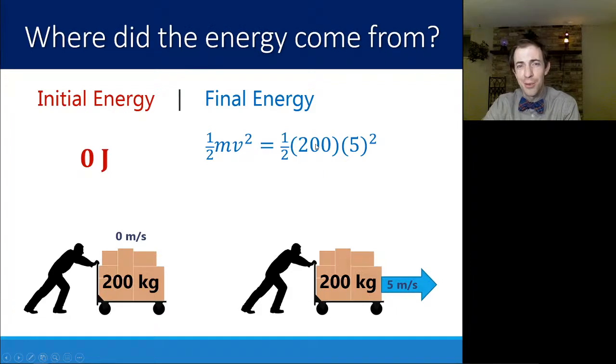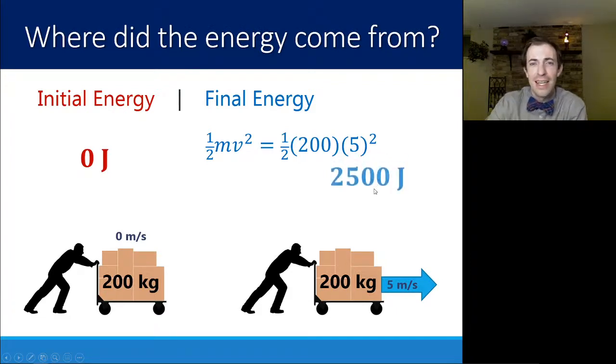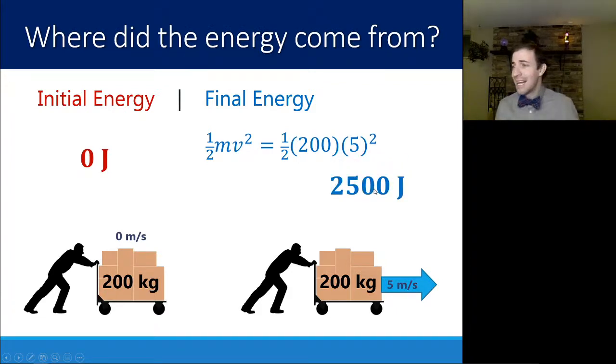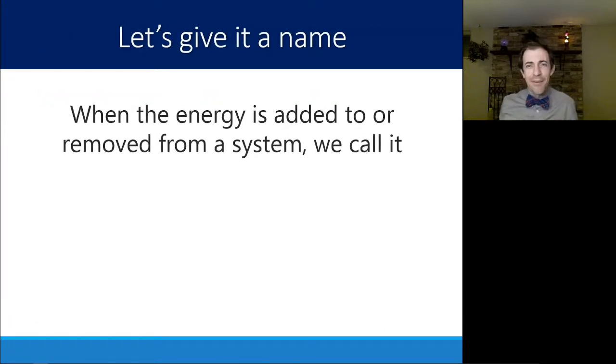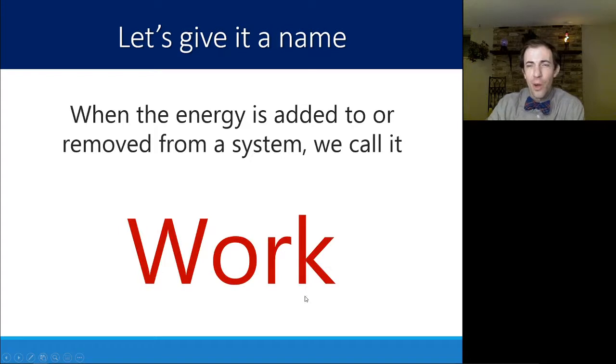So 1/2 times 200 times 5 squared is 2,500 joules. Again, my initial energy does not equal my final energy. Some energy was added to the system, in this case, in the form of kinetic energy. So where does this energy come from? Well, in physics, we give this a name. We call this idea of adding or removing energy from a system work.